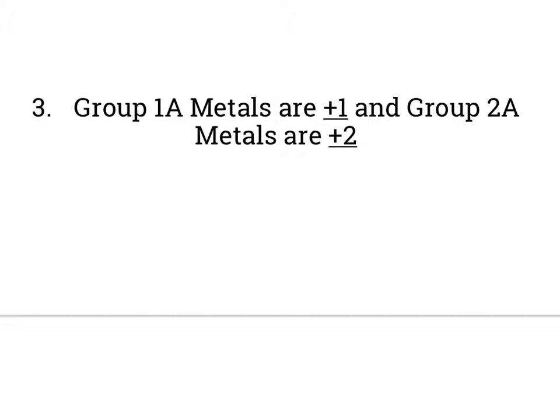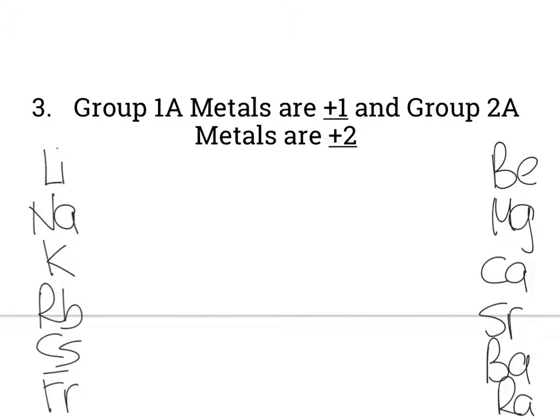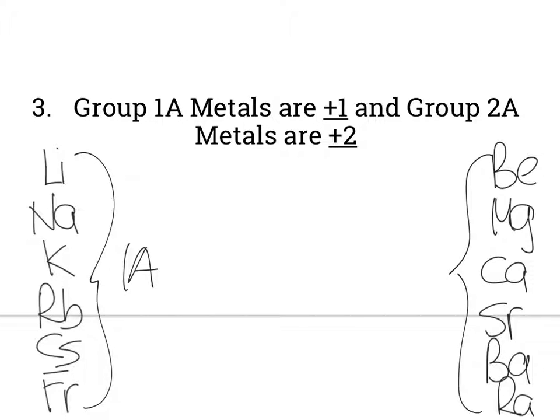You now know the group 1A and 2A metals, except hydrogen. Hydrogen's not a metal. You probably know that, and if you don't, you should. That means these are lithium, sodium, potassium, rubidium, cesium, and francium, or beryllium, magnesium, calcium, strontium, barium, radium. These are the 1A. These are the 2A.